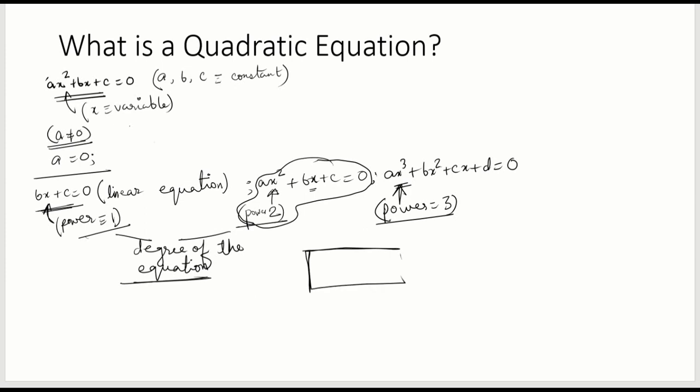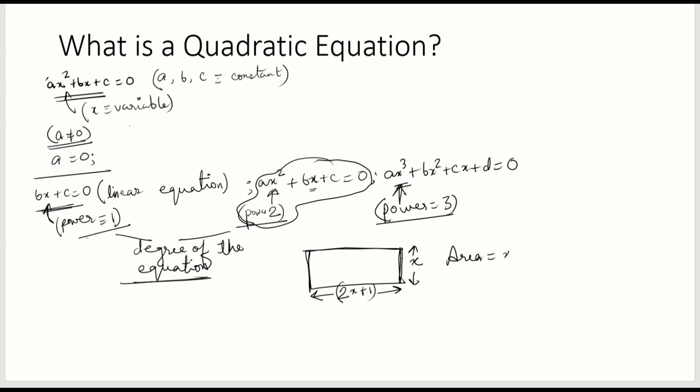Let's say the breadth of the rectangle is x feet, and the length of the rectangle is 1 feet more than twice the breadth, so it will be 2x plus 1 feet. What will be the area of the rectangle in this case?